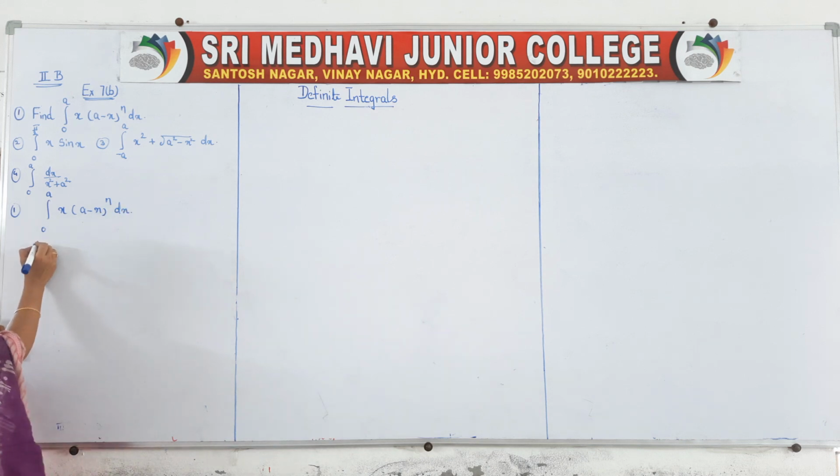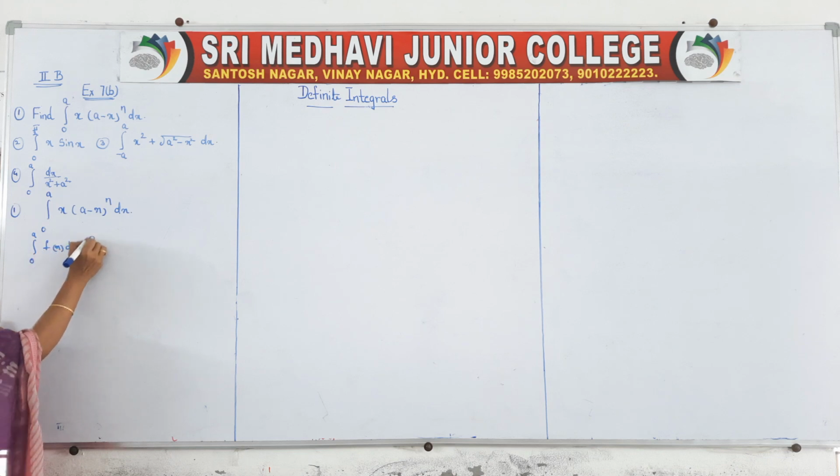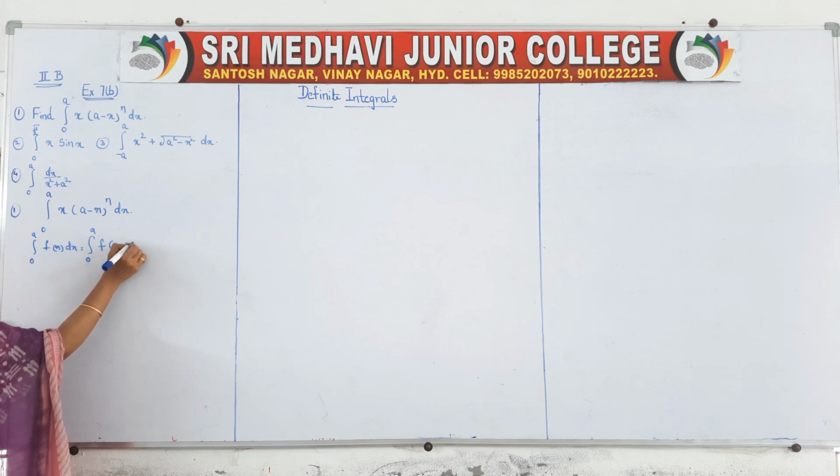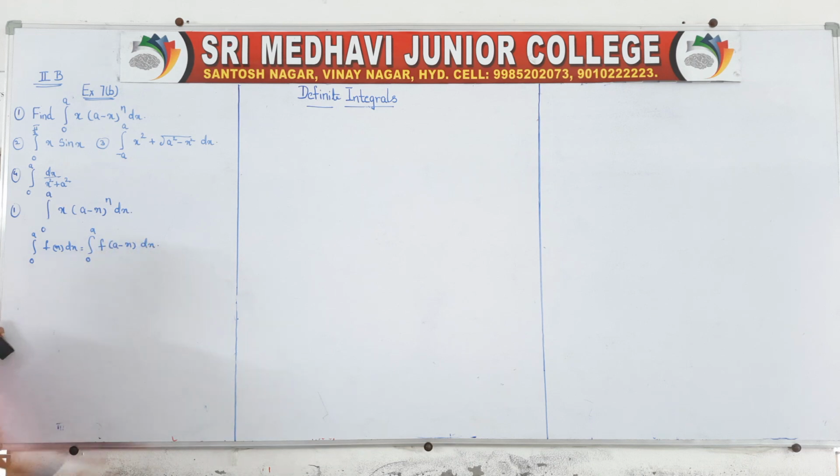So there is one formula: the integral from 0 to a of f of x dx can be taken as the integral from 0 to a of f of (a minus x) dx. The same thing we are taking here.